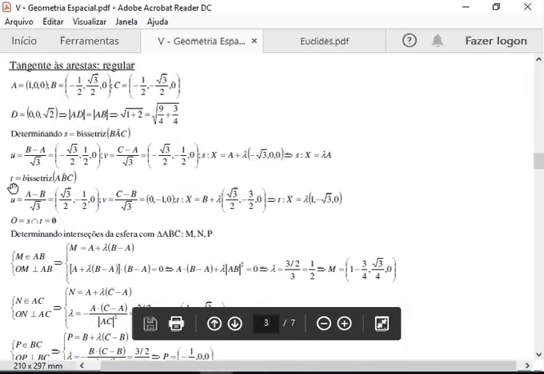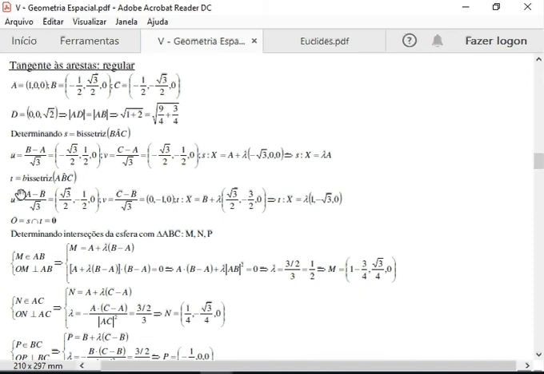Now let T be the bisector of ABC. We let U be (A minus B) over √3. We let V be (C minus B) over √3. And the straight line T, whose points X are B plus lambda (√3/2, -3/2, 0).